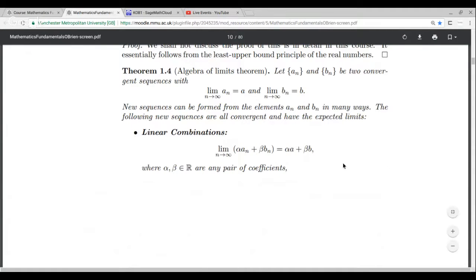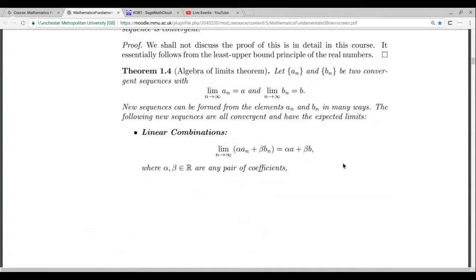The linearity part, the linear combinations part, says, if I form a new third sequence, and the terms of this new sequence are always the same linear combination of the appropriate terms from my sequences a and b, so my new sequence has a term alpha a_n plus beta b_n, where alpha and beta are just two fixed coefficients, then the theorem tells me this new sequence, made up out of a_n and b_n in a linear way, multiplying them by coefficients and adding the results, is also convergent.